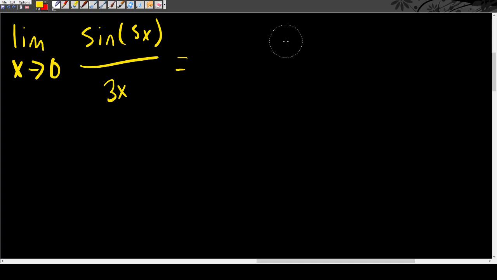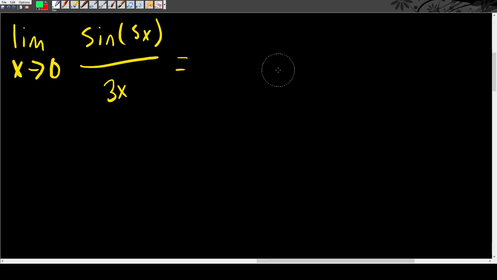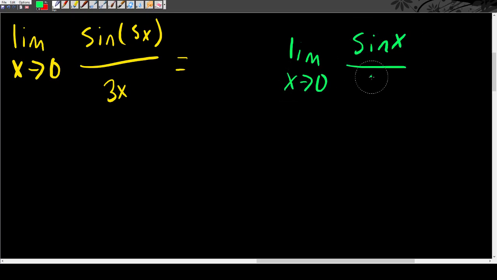So what I'm going to do is use a very well-known identity: the limit as x approaches 0 of sine of x over x equals 1.